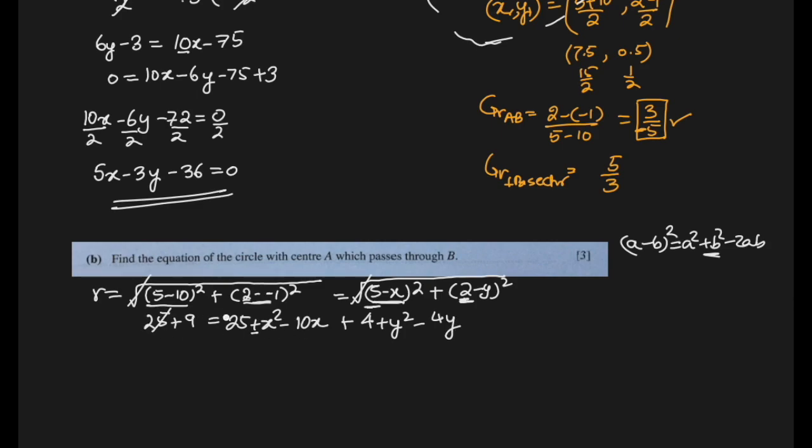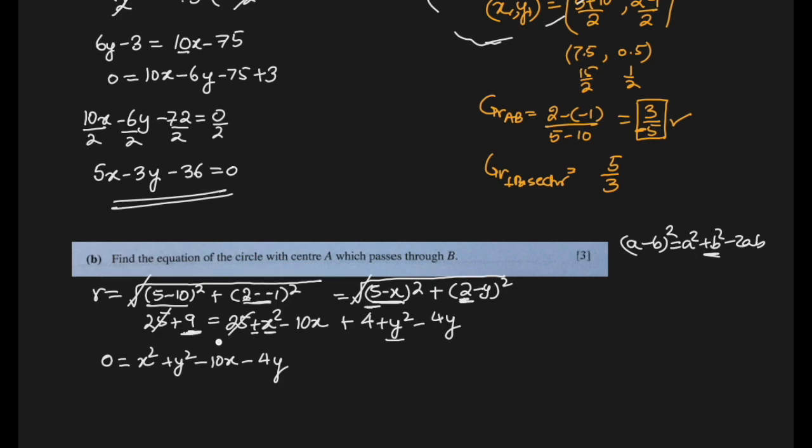So 25 on the left side and 25 on the right side cancel, and nothing else cancels. So 9 I can also bring to the right side. So 0 will be equal to x squared plus y squared minus 10x minus 4y, and now the constants.